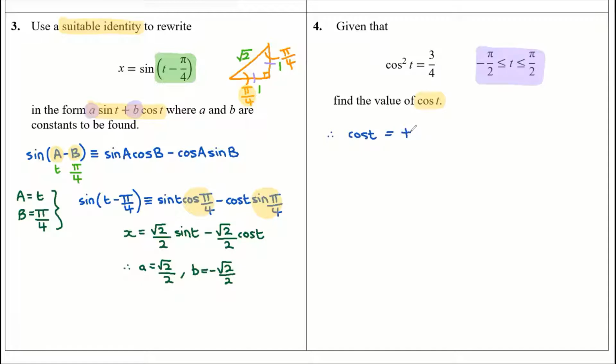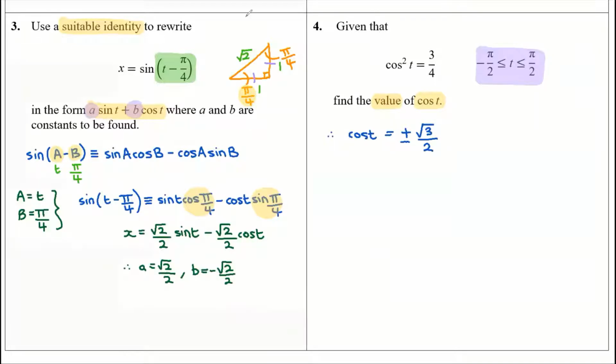Now, obviously, you can have plus or minus root 3 over 2. And you might think, well, that's the answer, surely. But it says specifically in the question to find the value, as in singular. So not plural.